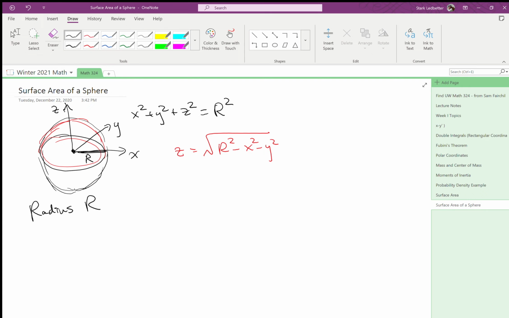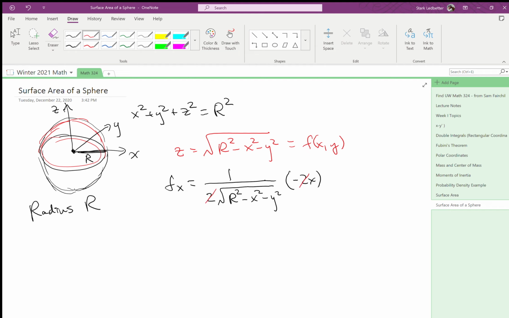Okay, and then we need fx and fy. And by the way, z is also f of xy, right? We need fx and fy for the formula. So this is going to look a lot like the previous one. So we'll have 1 over 2, and then this is power of negative 1/2, so it's a root in the bottom. And then we do the chain rule, taking derivative with respect to x, so that's negative 2x there.